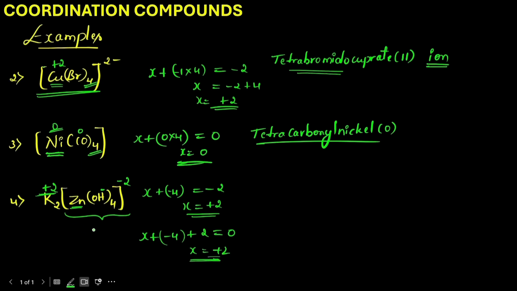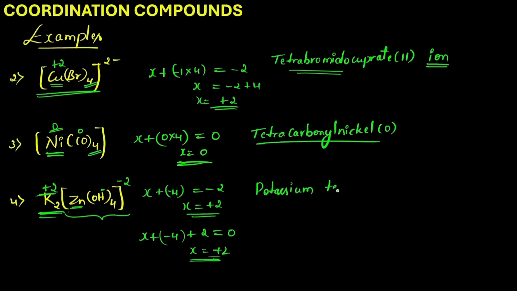Okay, let us write the name of the coordination compound. Here we have to write the cation first. Which is the cation here? Potassium is the cation. Therefore, potassium. We have to give one space here because there should be a space between the counter ion and the coordination sphere. Now we have to write the name of the ligand. How many ligands are there? 4 ligands.